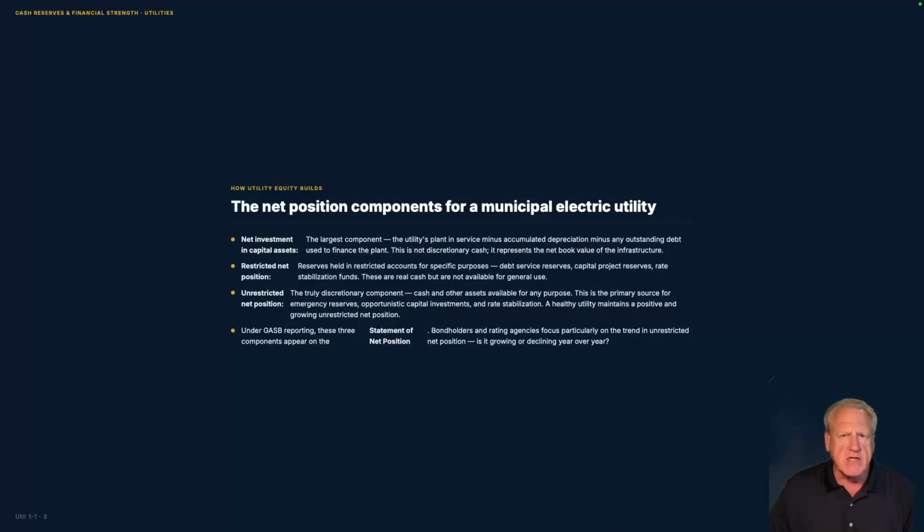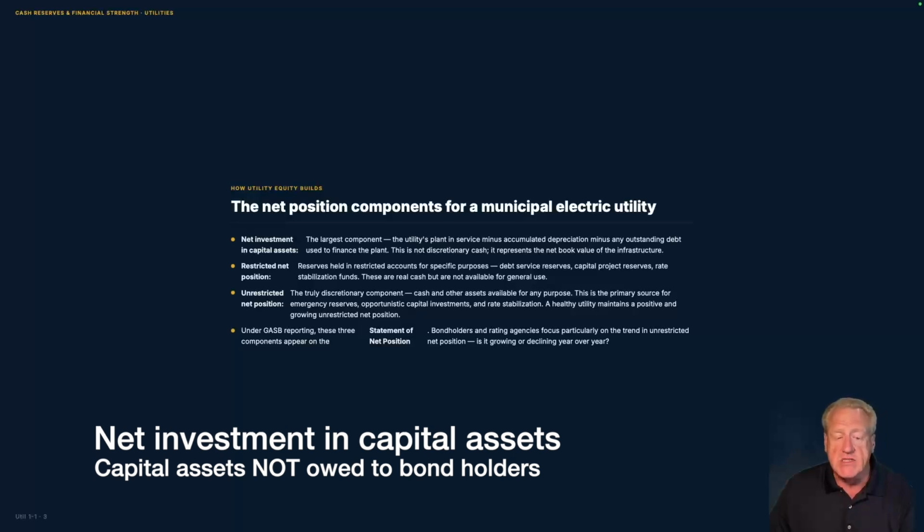So circling back to this net position or retained earnings, if you look at your financial statements, you'll see this on the liability side of the statements on a two-page statement. This is on the right side, okay? Well, down at the bottom, you'll see retained earnings, and it comes in three flavors. The first flavor is net investment in capital assets.